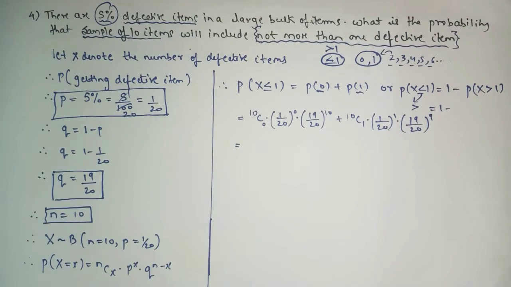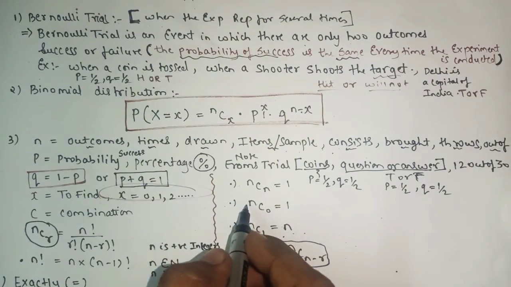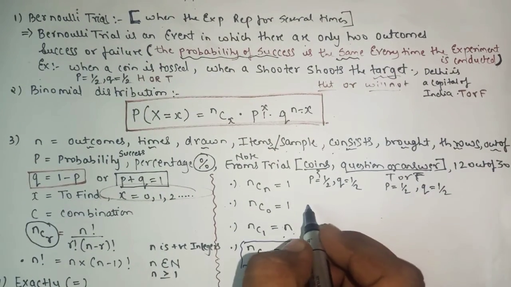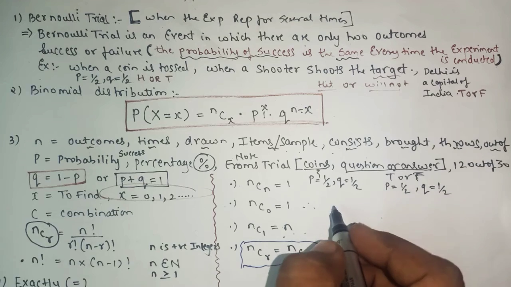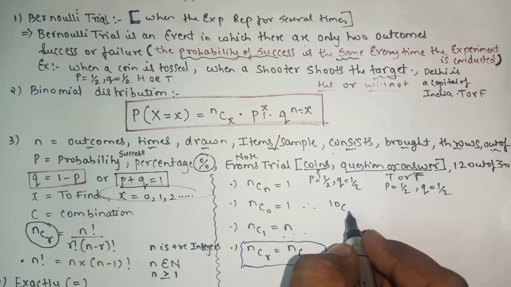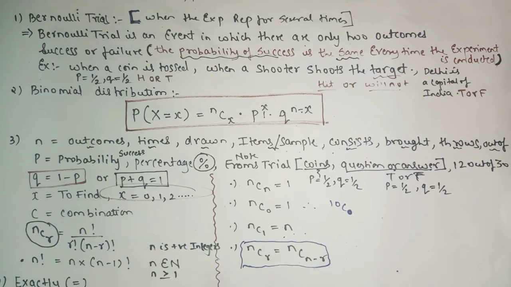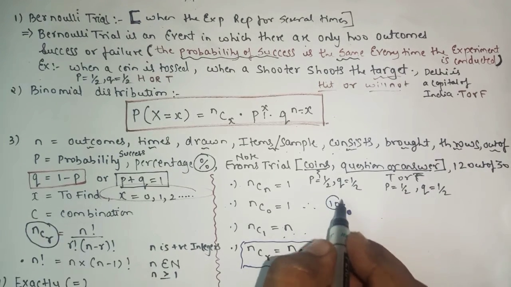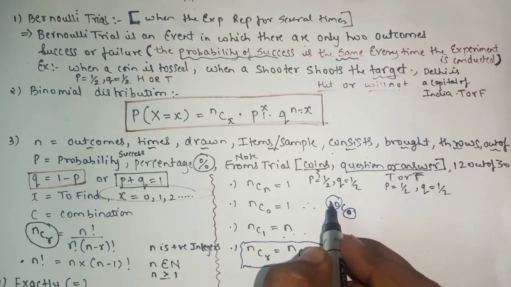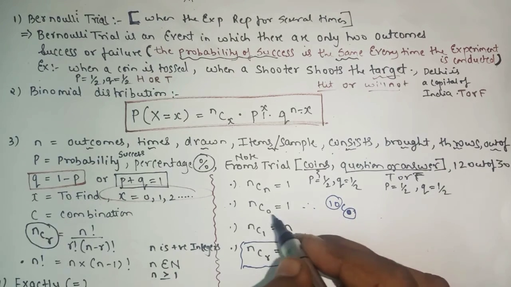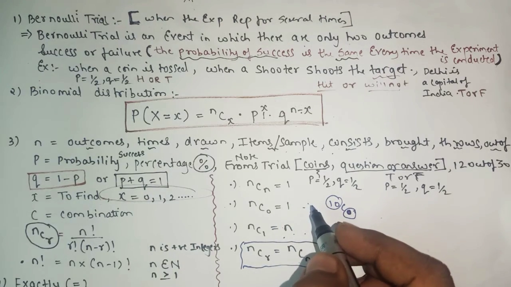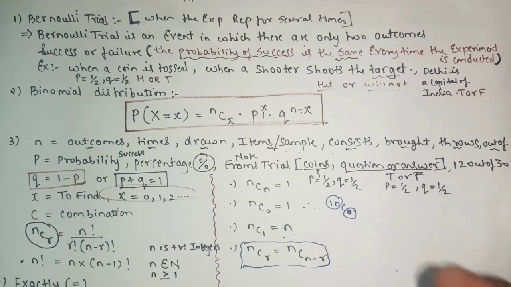So further this we can write as 10C0, as we know that nC0 is 1. It means if the selection part is 0, nothing we have to select. This is the number of items and this is the selection part. That means nothing we have to select, as I explained in the second video lecture.